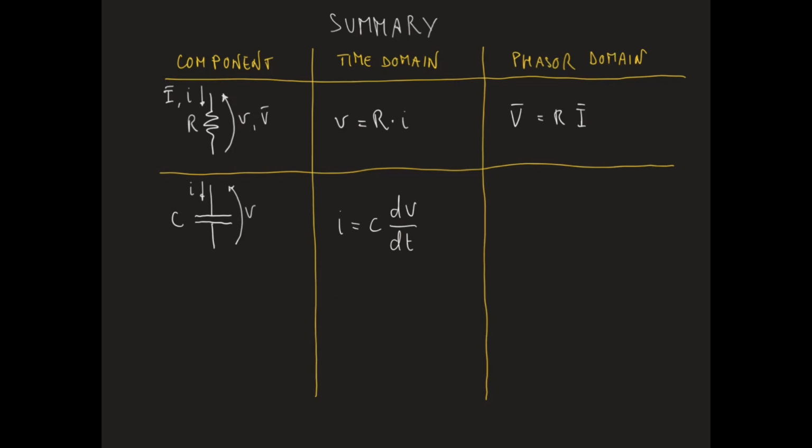In the phasor domain, the differential relationship is transformed into an algebraic one where the current phasor I is equal to 1 over j omega C times the voltage phasor V, or equal to j times minus 1 over omega C, the voltage phasor.